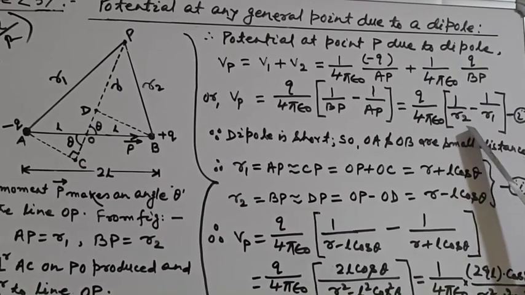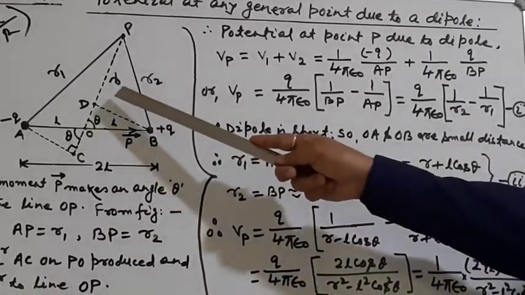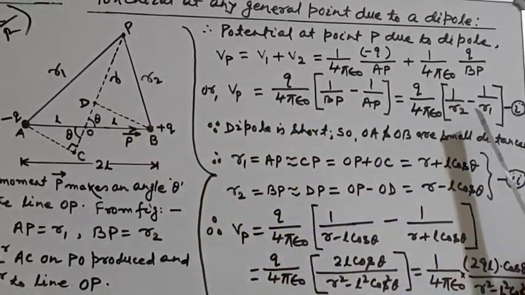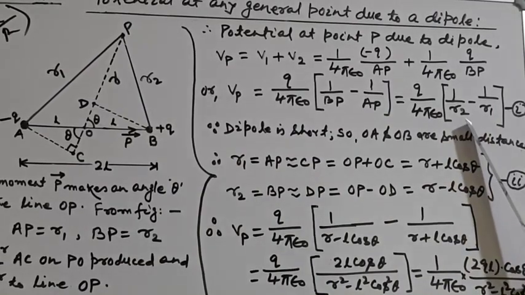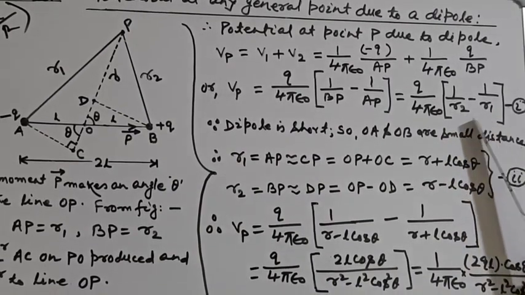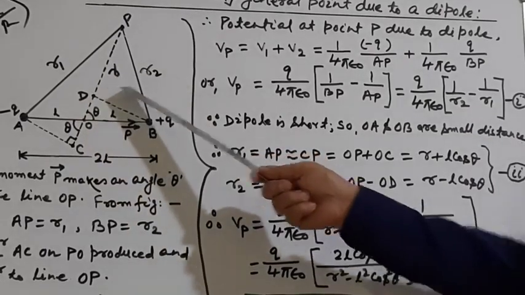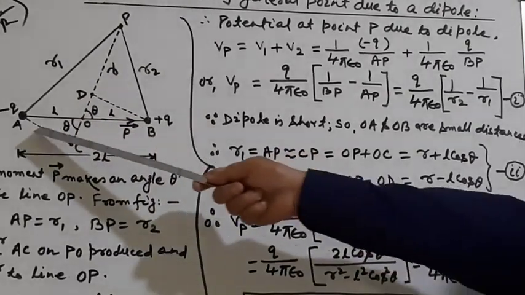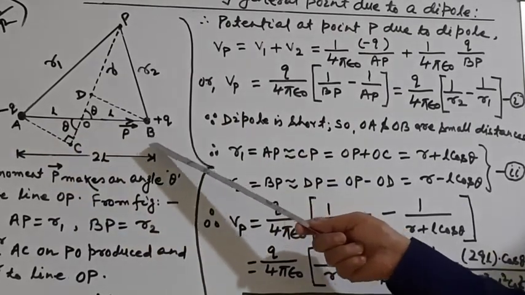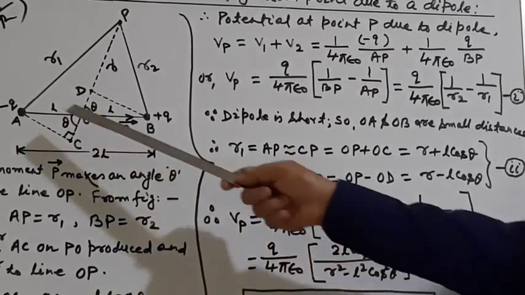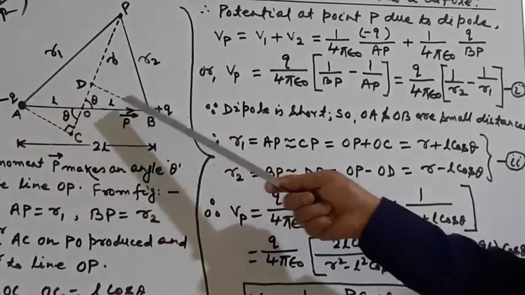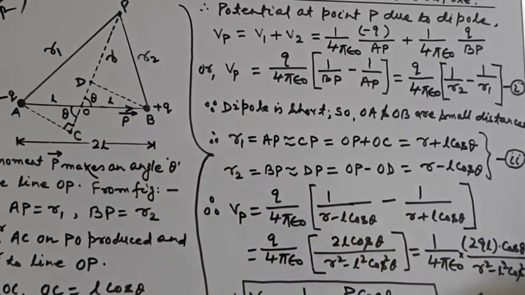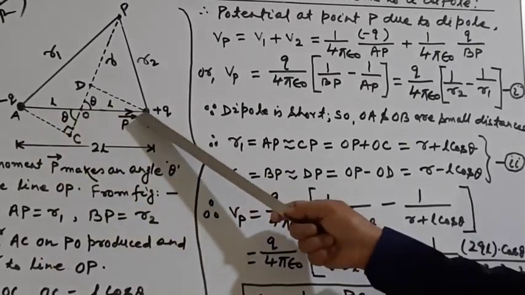This equation 1 gives the potential at P due to this dipole AB, but in terms of r1 and r2. Here the question is given in terms of r, so we will have to calculate r1 and r2, or convert this r1 and r2 into r. How shall we convert? Students, we know that this dipole is very small. So the distances AO and OB will be very small distances.